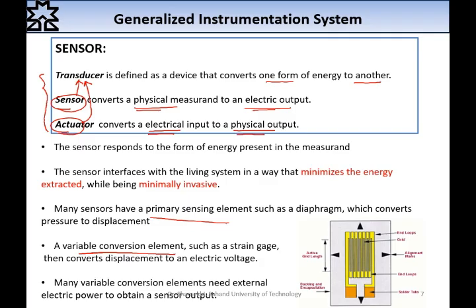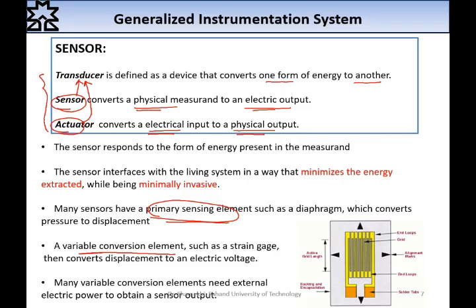The primary sensing element is an element utilized to encounter with the measurement, with the measurand. This part should be compatible with the measurand.